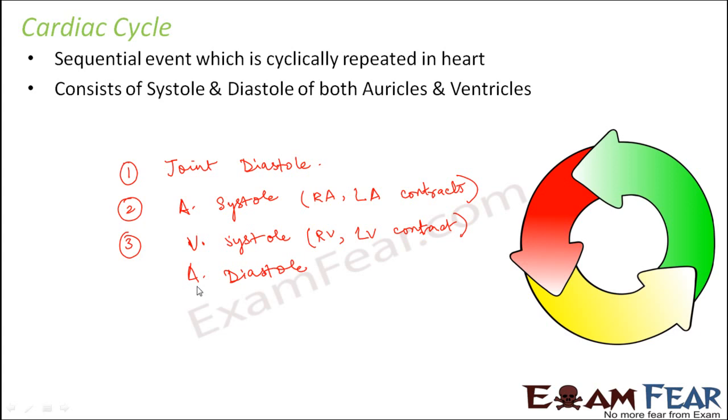So both of these happen simultaneously, the ventricular systole and the auricular diastole. This is again followed by the ventricular diastole, that is, the ventricles relax, which in turn leads to the joint diastole, where both auricles and ventricles relax. So this cycle of events keeps on happening one after another continuously, and this is known as the cardiac cycle.